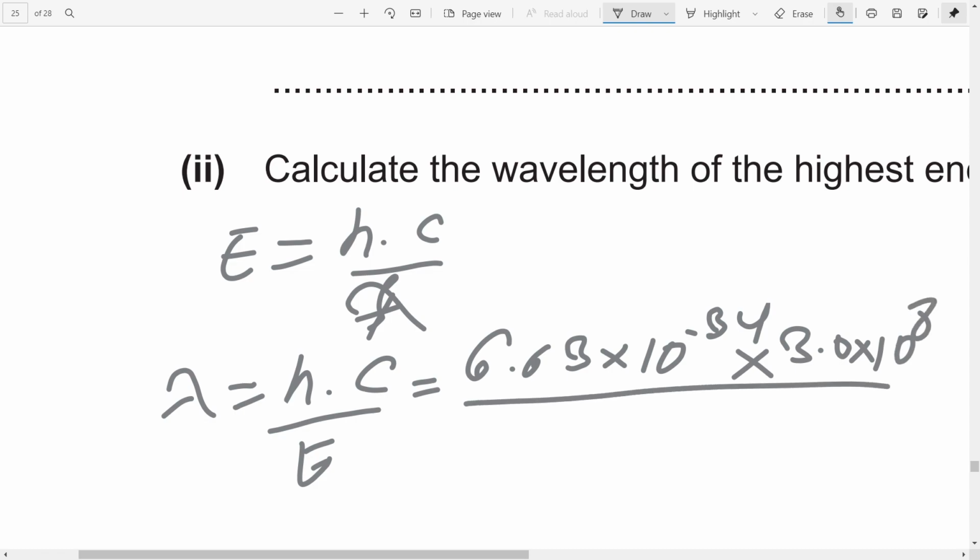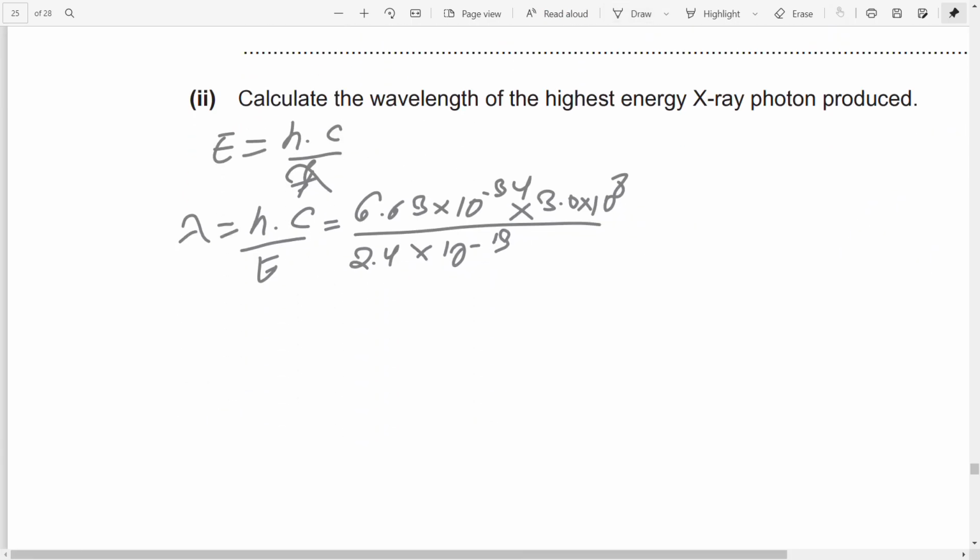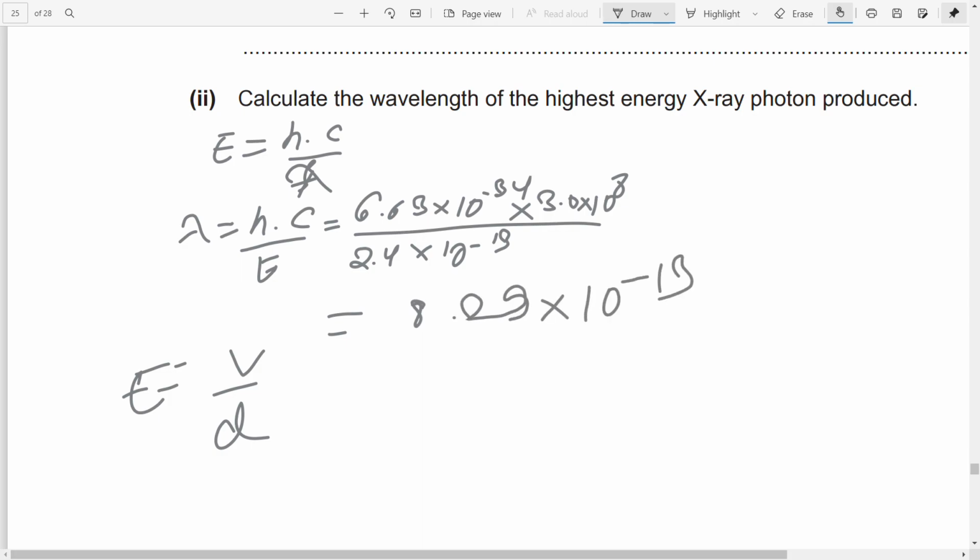Then E is how much? 2.4 times 10 to the power minus 3. How are you going to calculate E? By using this formula. Don't worry, you can get it from here, and that is 8.293, the answer.